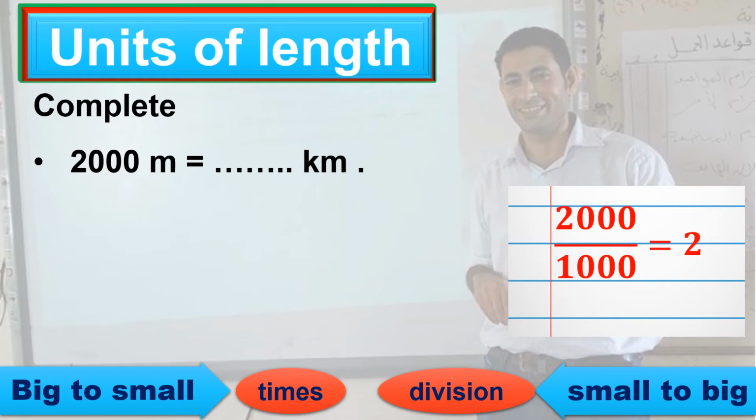Then 2000 divided by 1000, the result will be 2. Then 2000 meter equals 2 kilometer.